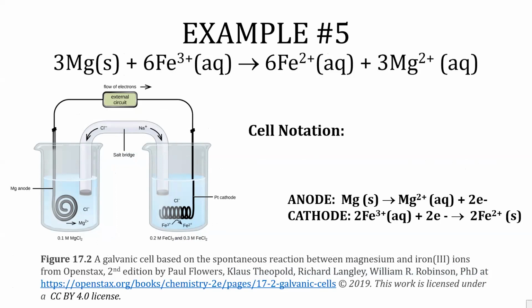The cathode has the reduction of aqueous iron 3+, forming iron 2+, and the anode has the oxidation of solid magnesium, forming aqueous magnesium 2+. The cell notation for this process is solid magnesium, single bar, aqueous magnesium 2+ ion, double bar, aqueous iron 3+, comma, iron 2+, single bar, solid platinum.